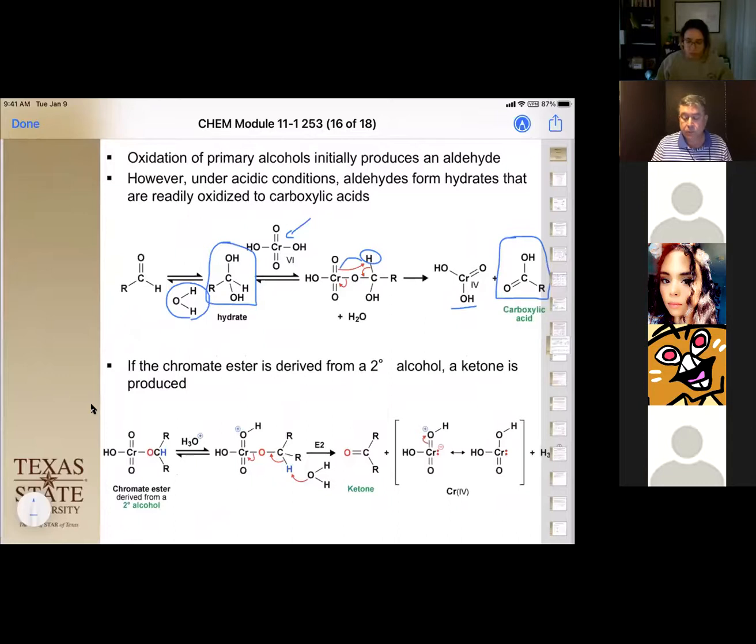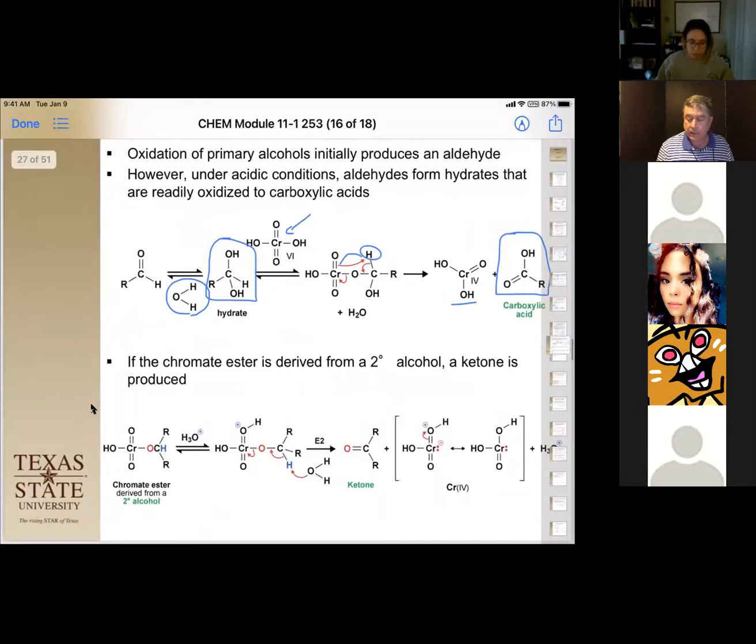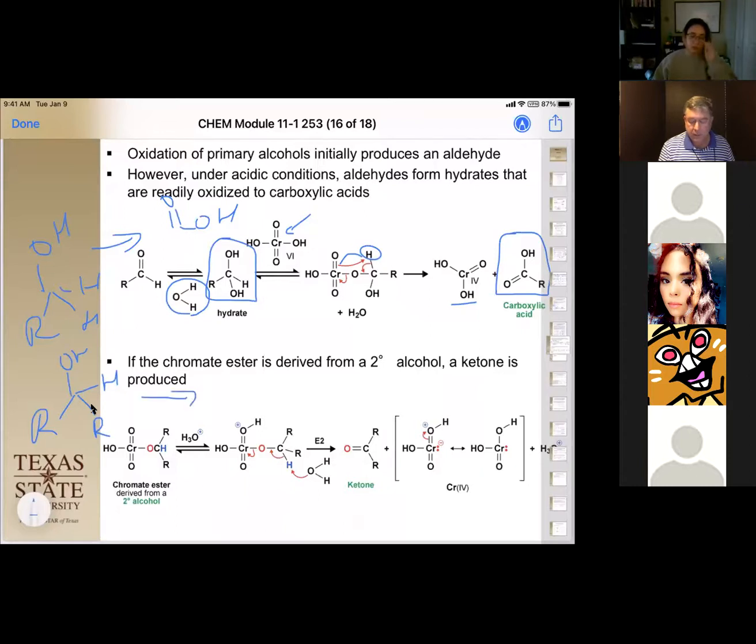So primary alcohols go to carboxylic acids, and secondary alcohols go to ketones.